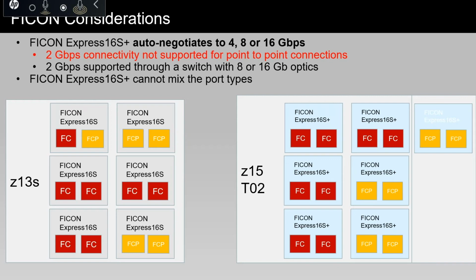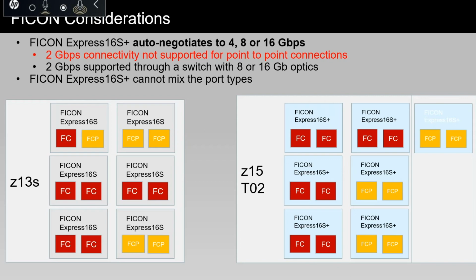One of the big things is, just like if there's any old timers like me that remember when we went from the OSA 2s to the OSA 3s, you can't mix and match the definition types anymore. So if you're running fiber channel and fiber channel protocol on your FICON cards, you have to count and make sure that if you have an odd number of fiber channel protocol cards, that you have enough cards in the new configuration.